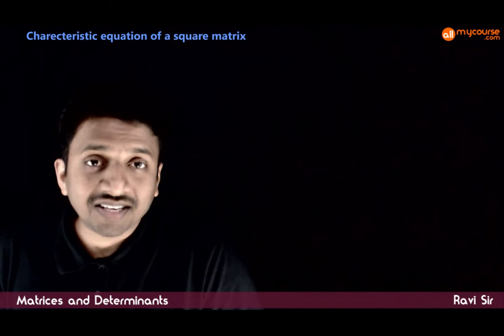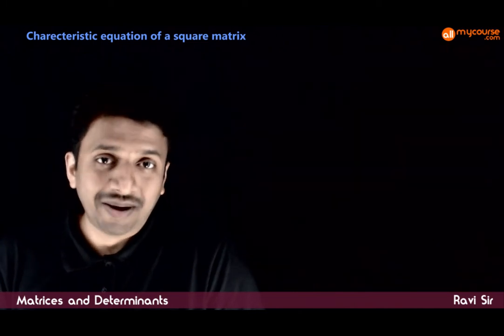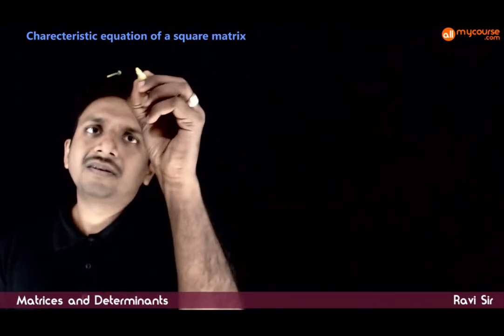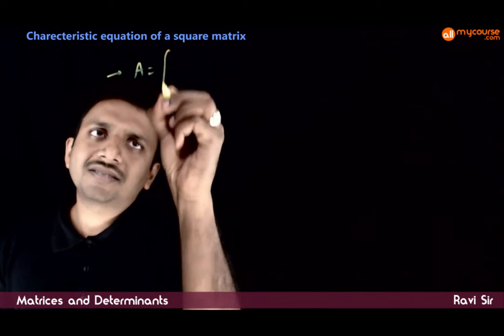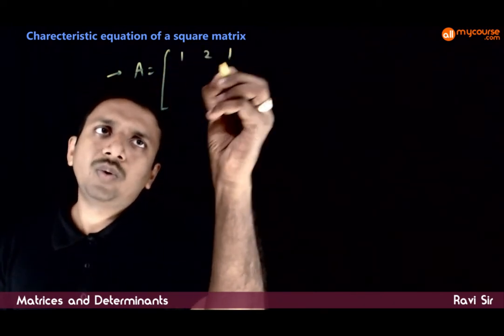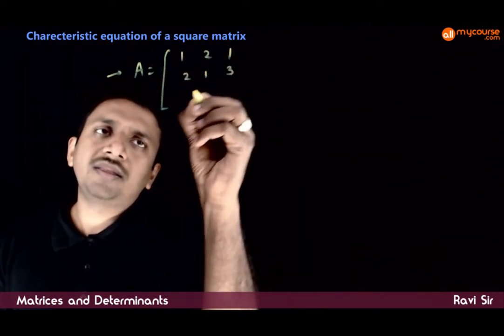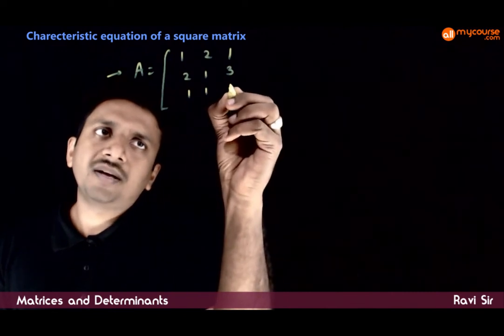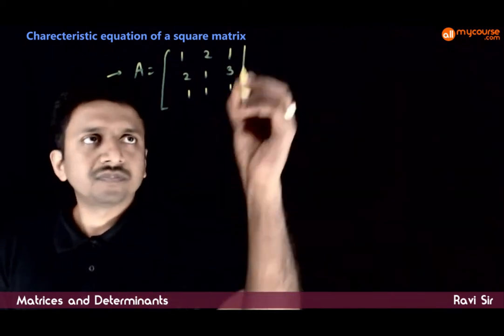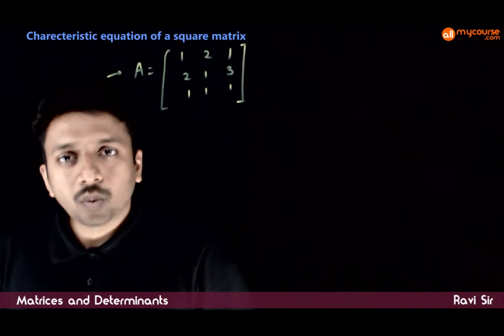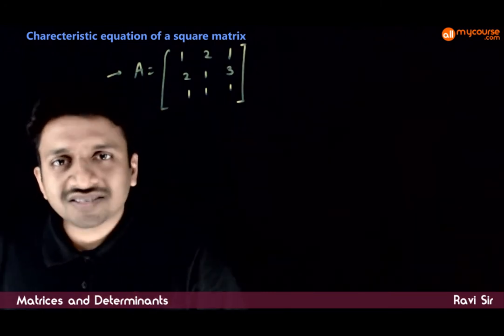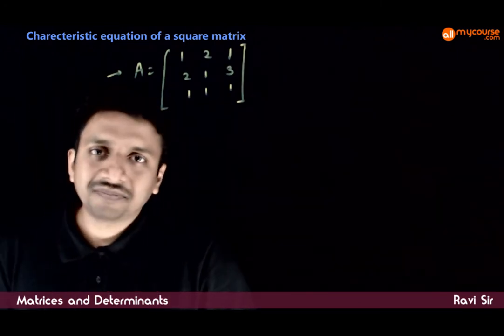So let us take another example involving a 3 by 3 matrix. Let us say that A is 1 2 1, 2 1 3, 1 1 1. What is the characteristic equation of this matrix A?